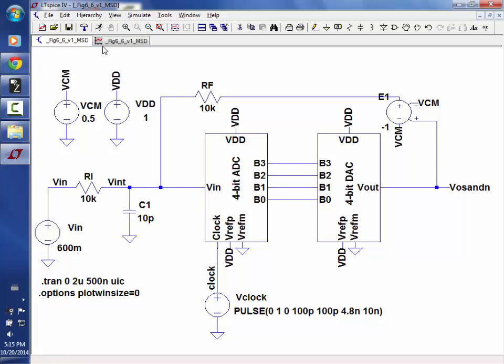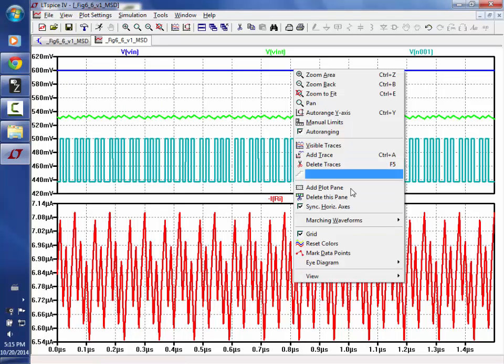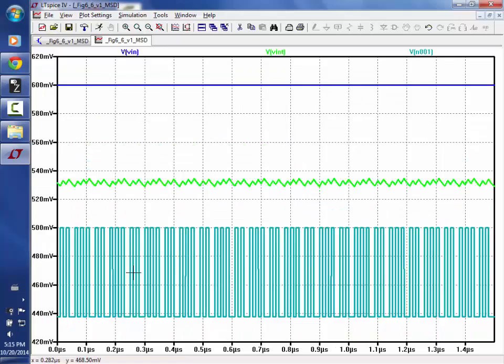Let's plot here. Let's go pull this up. And then let's plot this voltage, and this voltage. So let's delete this pane. If I look, this voltage minus this voltage divided by 10K is what? I'm asking a trivial question.